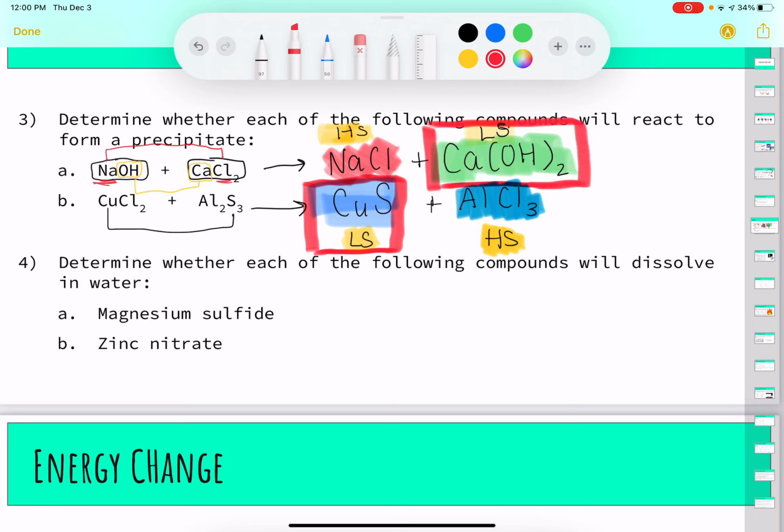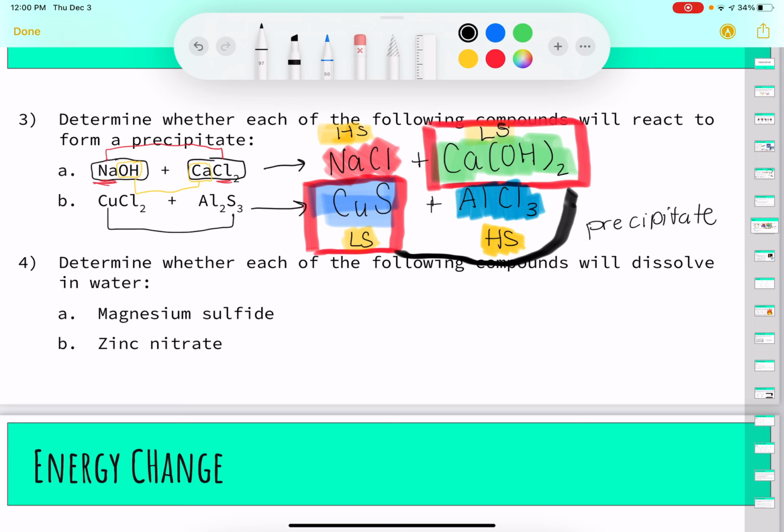Okay, so those are the two that we would consider to be forming a precipitate. Okay, so the calcium hydroxide and the copper sulfide.